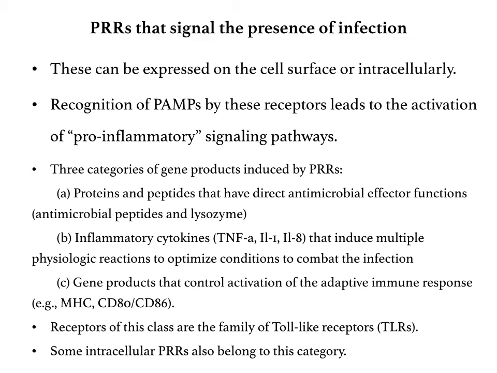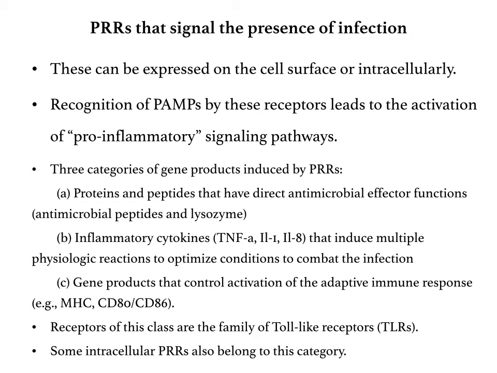The recognition of pathogen associated molecular patterns by these receptors leads to the activation of a pro-inflammatory signaling pathway. This signaling pathway induces the activation of three different classes of genes whose products help in the detection of the pathogen. These products are proteins and peptides that have direct antimicrobial effector functions, for example the antimicrobial peptides as well as the lysozyme.